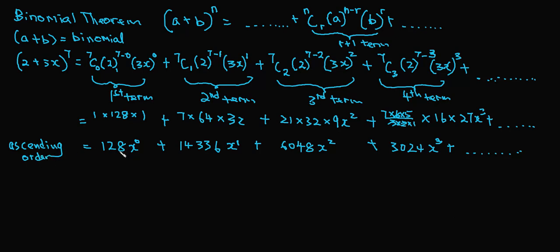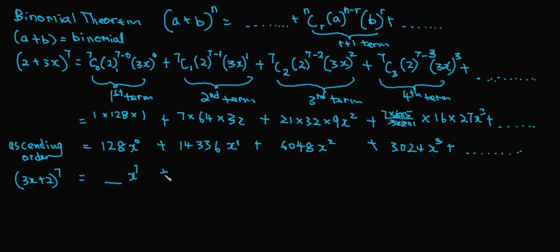Okay, if I change to this, 3x plus 2 to the power 7, what would you see? Using this formula, you will notice that your first term has x to the power of 7 with whatever coefficient.